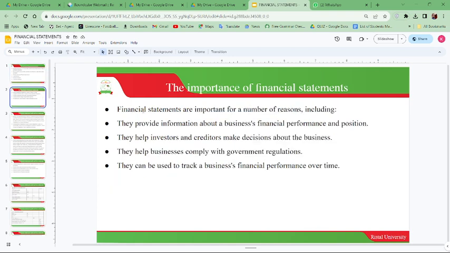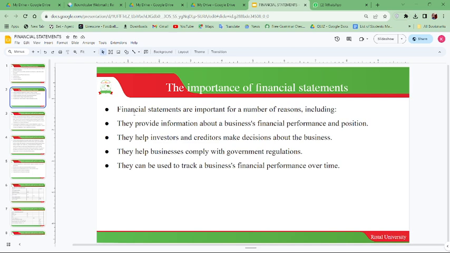So we look at the importance of financial statements. Financial statements are important for a number of reasons, including that they provide information about business financial performance and position. It gives information about how the business is performing financially and what the stand of the business is.